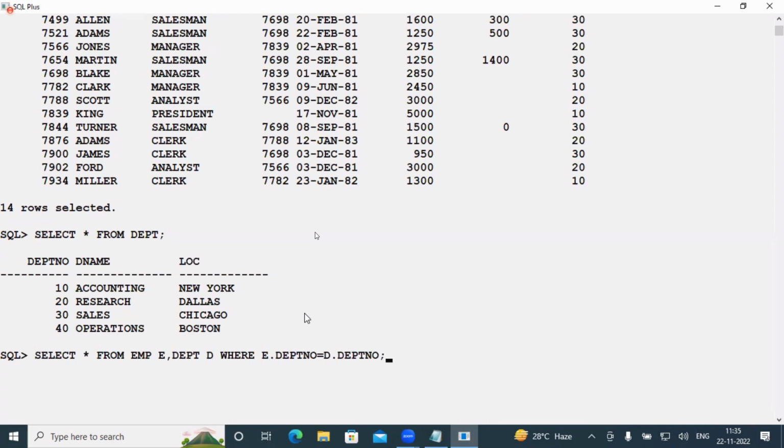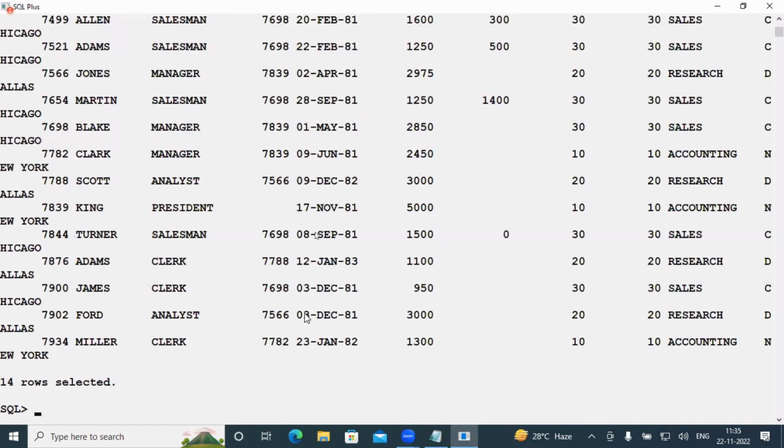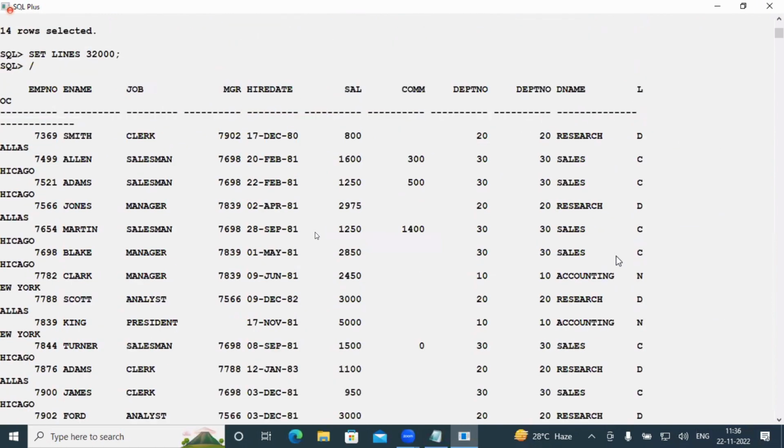Up to here, carefully observe what is happening. Department names are there now.